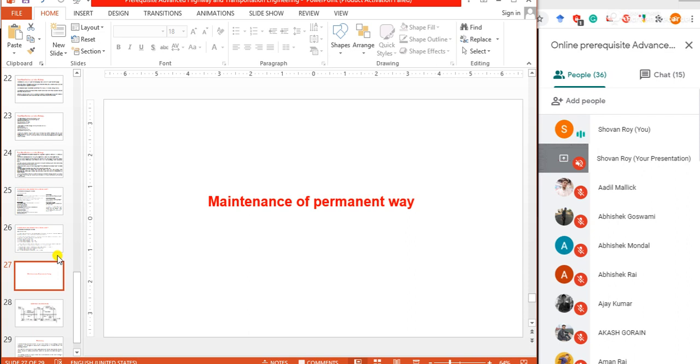Track utilization: with the introduction of high capacity bogie wagons and the replacement of steam locomotives with more powerful diesel and electric locomotives, the tracks have been subjected to heavier axle loads and higher operating speeds.